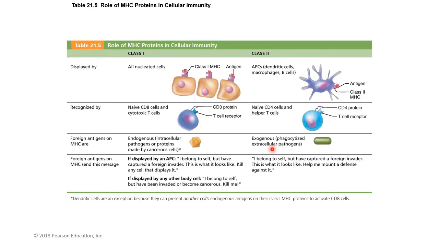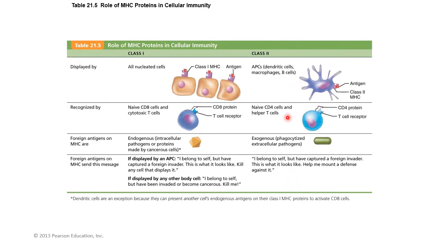Now, these are exogenous proteins. These are phagocytized extracellular pathogens that are digested by your antigen-presenting cells. They're like the Pac-Man. They go around eating stuff and then they present it to the T helper cell. So the message is, I belong to self, but I've captured a foreign invader. This is what it looks like. Help me mount up a defense against it.